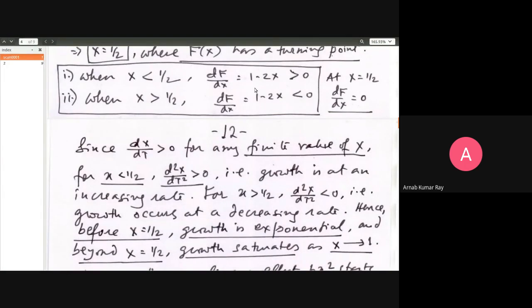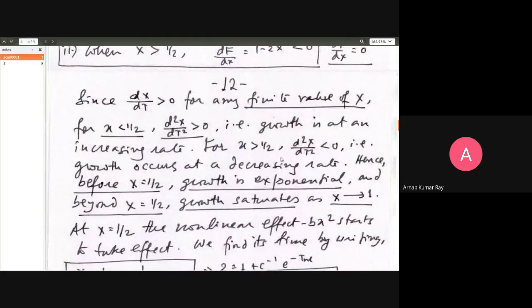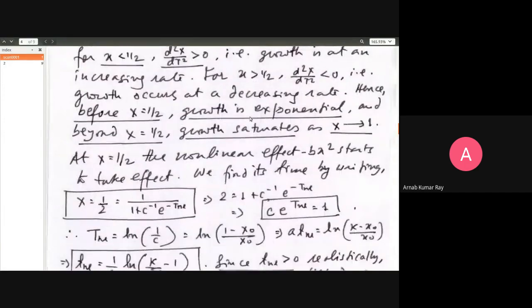Beyond that, d2x dt squared will have a negative sign. So it will be growing because the first derivative will be positive all along, but it will grow at a slower rate, at a decreasing rate.